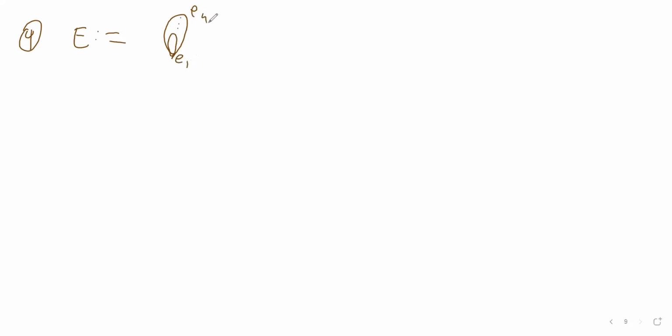This is the Hawaiian earring way of drawing it, but I can also draw it like this, E1 to En. Putting them inside or outside doesn't matter. So this is Hawaiian earring, and this is rose petals. Okay, this is my graph.